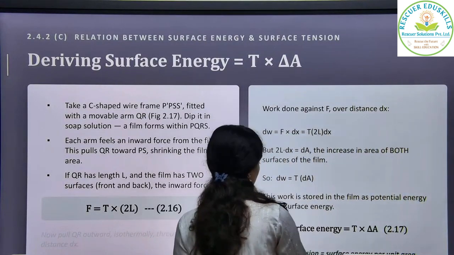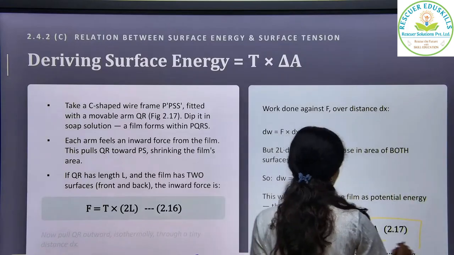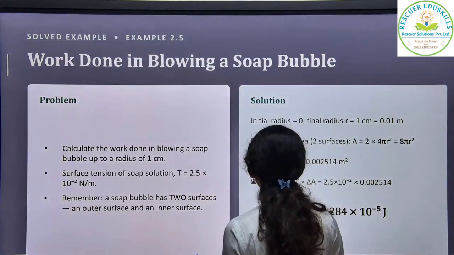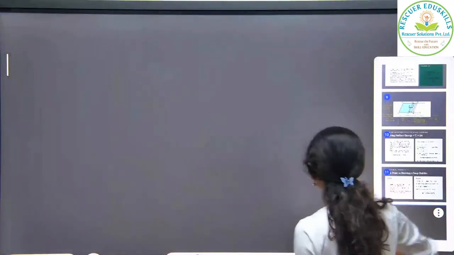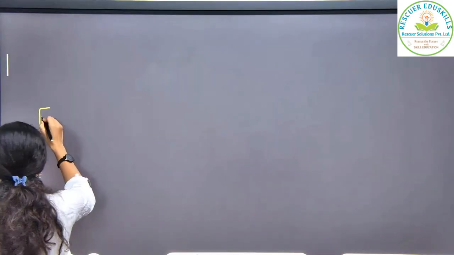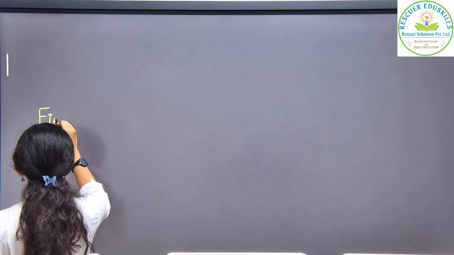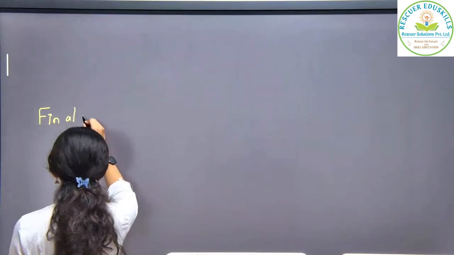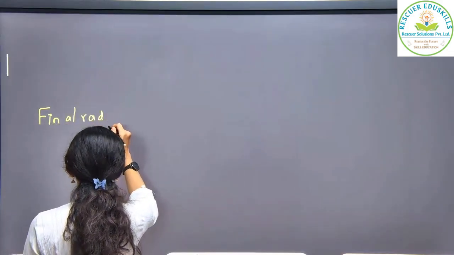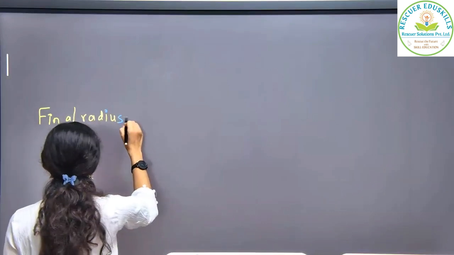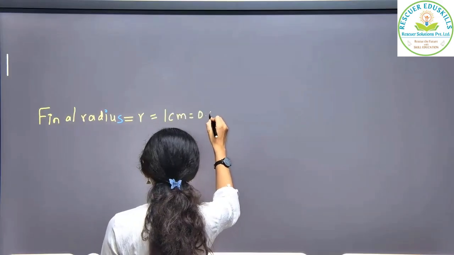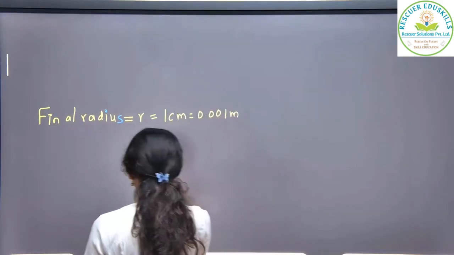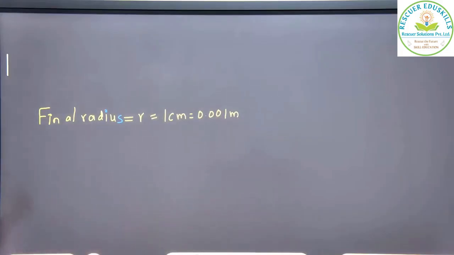So this is the surface energy formula, T into delta A. Okay, so now we are going to write final radius. So final radius r is equal to 1 centimeter, which we can write as 0.001 meter.